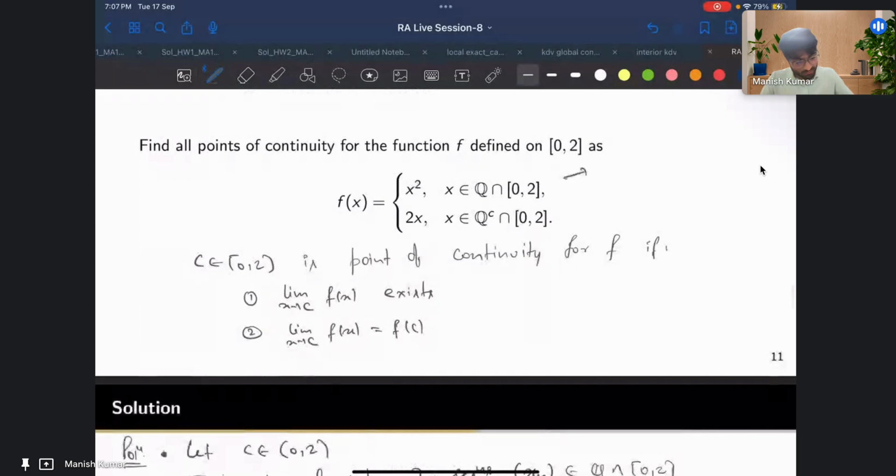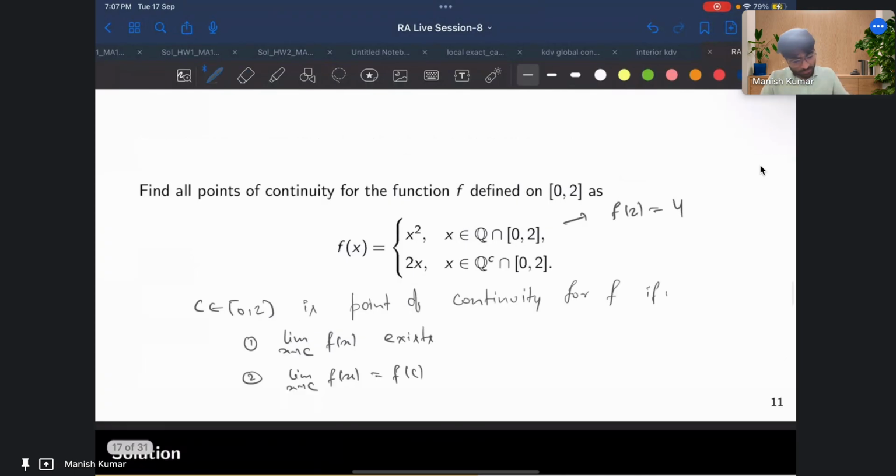You see that f at 2 is going to be 2 square, which is 4. Here, this x square is also going to 2 square, and this 2x is also going to 2 into 2, so both are going to the same point, therefore it will be continuous. The only thing you need to do is prove it precisely using the epsilon delta definition.